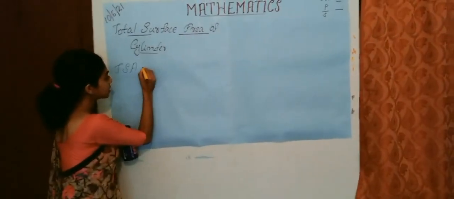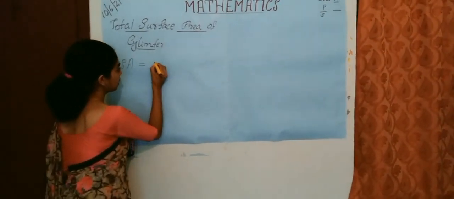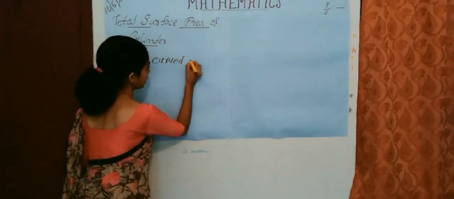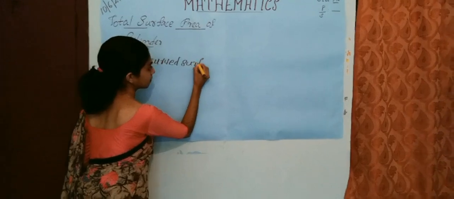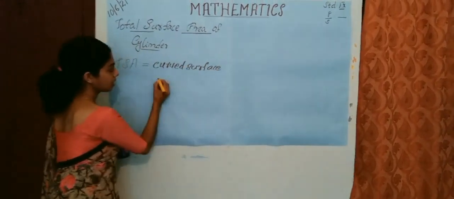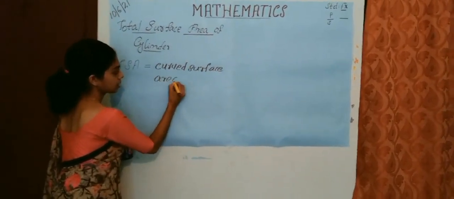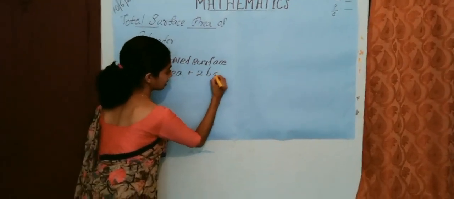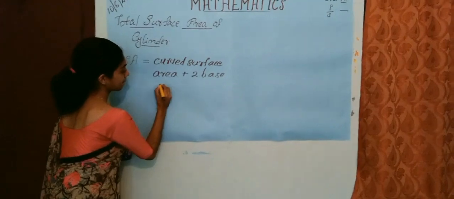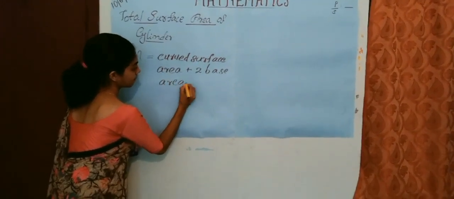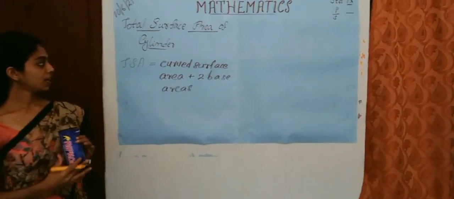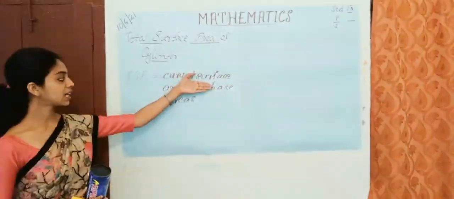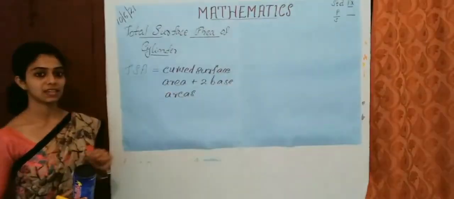So, total surface area is equal to curved surface area plus two base areas. Now, we have written total surface area is equal to curved surface area plus two base areas.